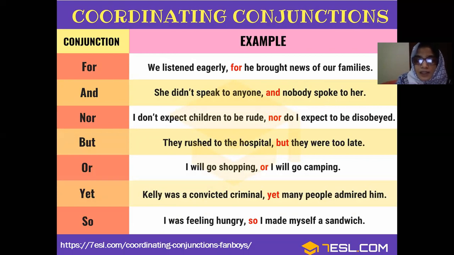Here you can see that they are all highlighted with a red color, and these examples would give students a clear-cut idea that the sentences on both sides of the conjunction are independent, and they can be meaningful even if this connector is removed. So if this conjunction is removed and they still make sense, it means they are two independent sentences merged together to create a compound sentence.